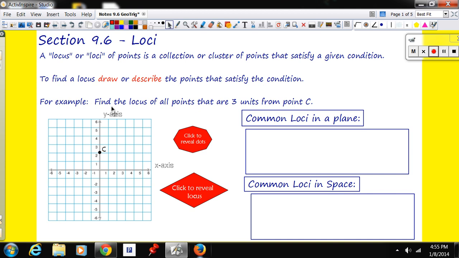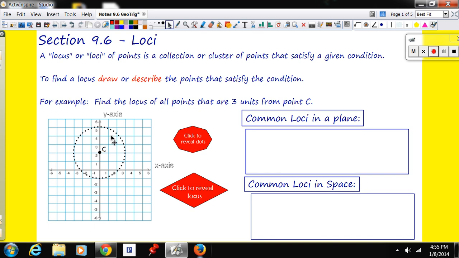It says find the locus of all points that are 3 units from point C. So here's point C. Let's say I took a ruler and measured 3 units in all different directions, and I kept measuring 3 units away from point C. Here's what that would look like.